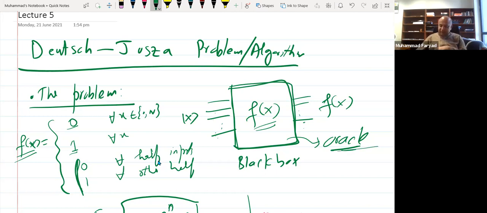So this name, I think, is just coming from there as well. So this is an oracle that you have access to, that you can send a query and it will give you a response. But you don't know what is inside the oracle, or at least for the purpose of the algorithm, you don't care what is inside. That's irrelevant.